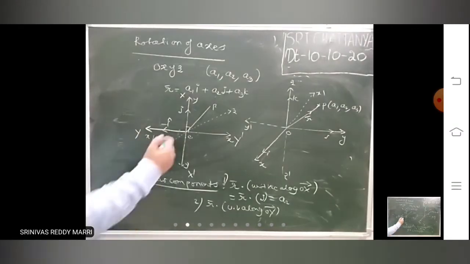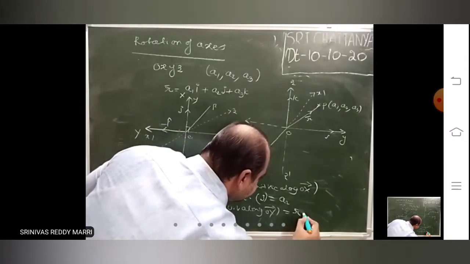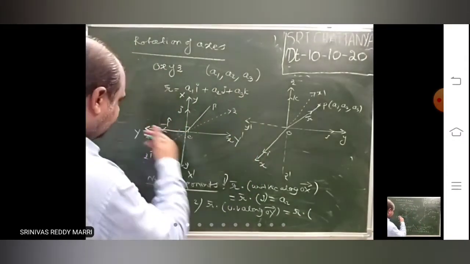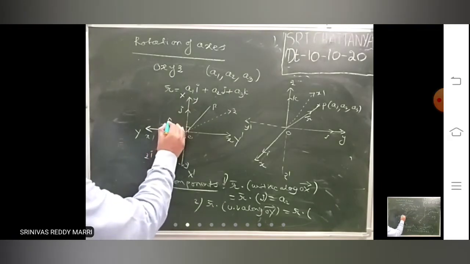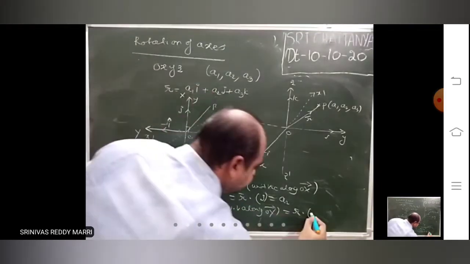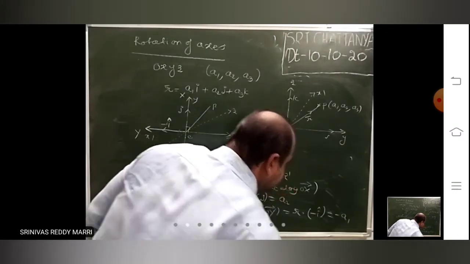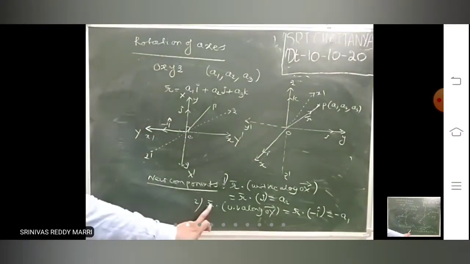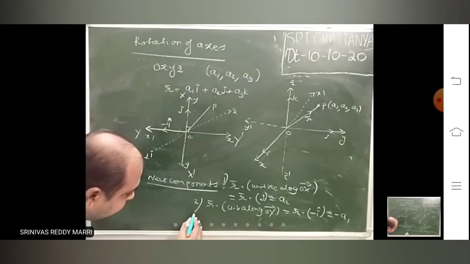That means R bar dot minus I cap is nothing but minus A1. So the Y component in the new system will be minus A1.